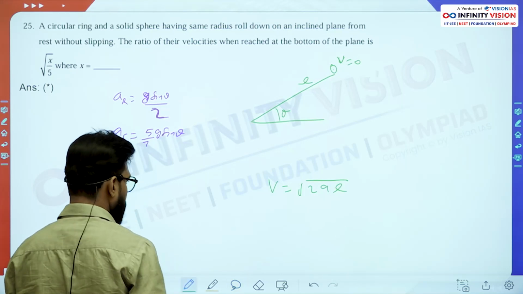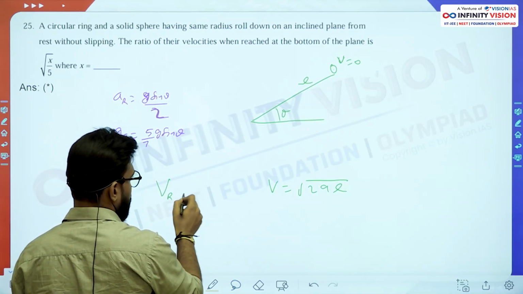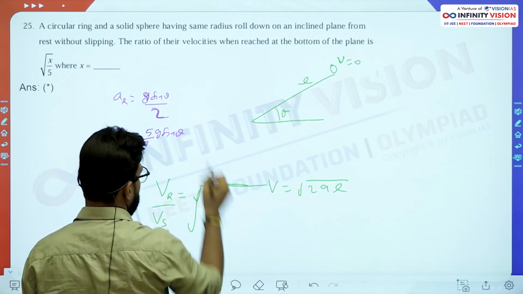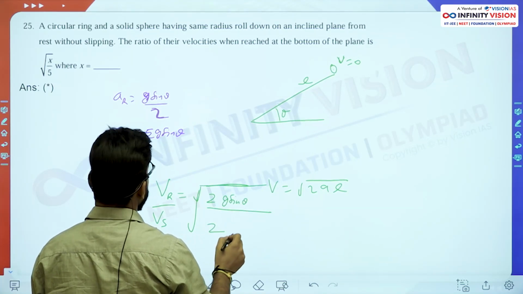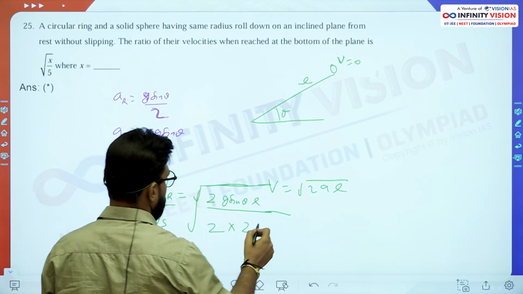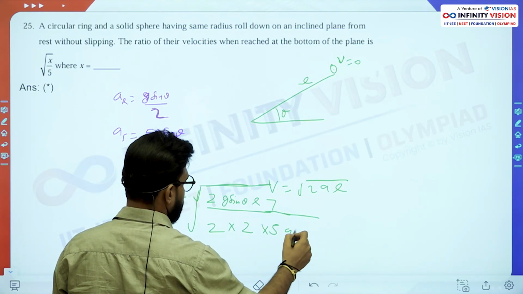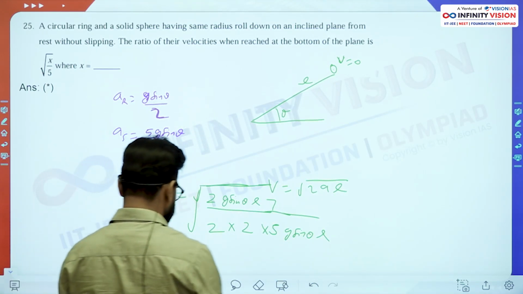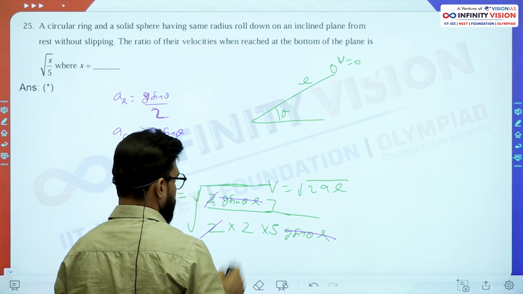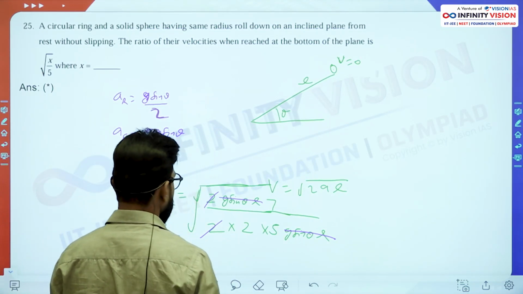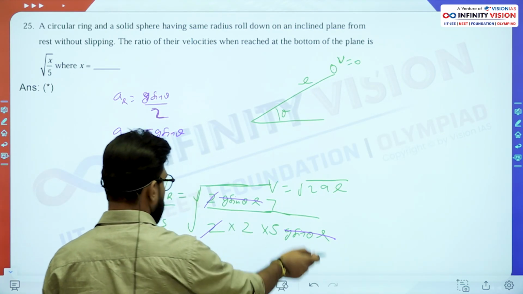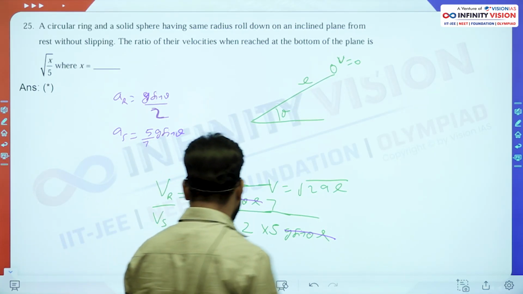Now we're going to place the values: velocity of ring divided by velocity of solid sphere is under root 2 times the acceleration of the ring, g sine theta by 2, into L, divided by 2 times the acceleration of the sphere, 5 by 7 g sine theta, into L. So 2 will cancel out, g sine theta L will cancel out.